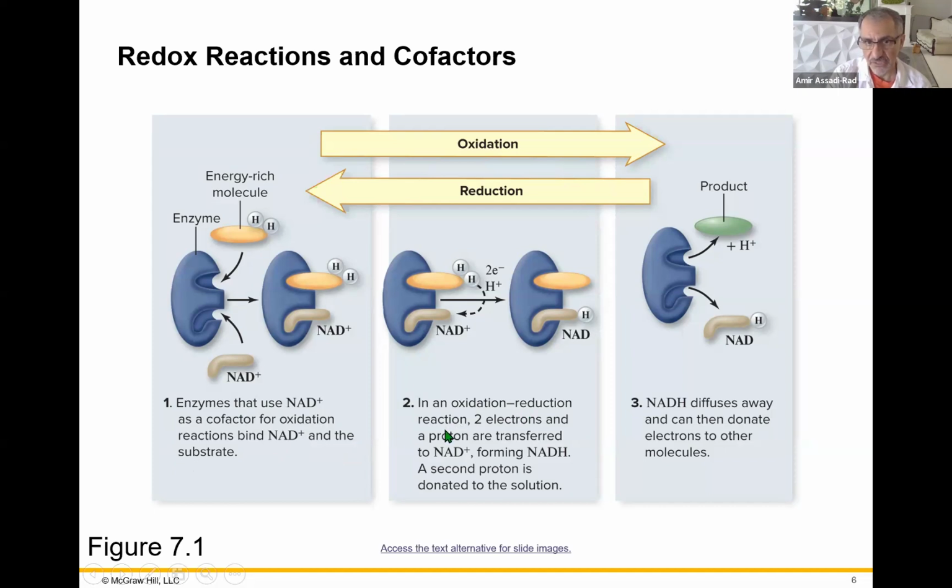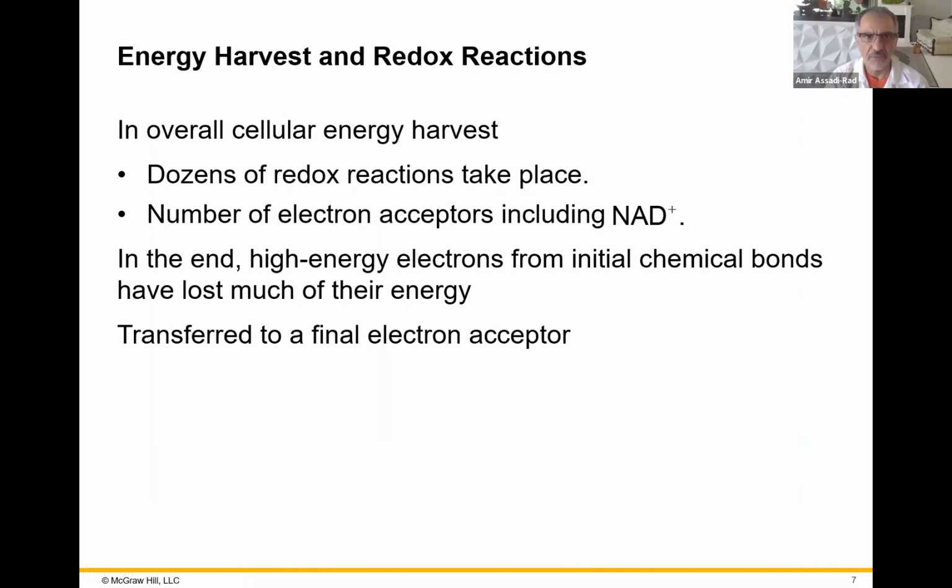In an oxidation reduction reaction, electrons and a proton are transferred from NAD to NADH, and a second proton is donated to solution as well. I'm not too crazy about all of what is going on in here. The main thing is that NADH can become NAD as well. NADH diffuses away and can donate electrons. This is important, but I'm not too crazy about it.